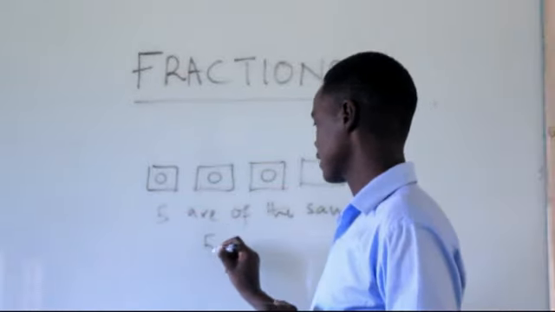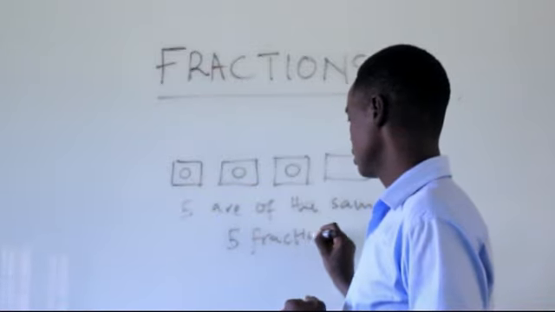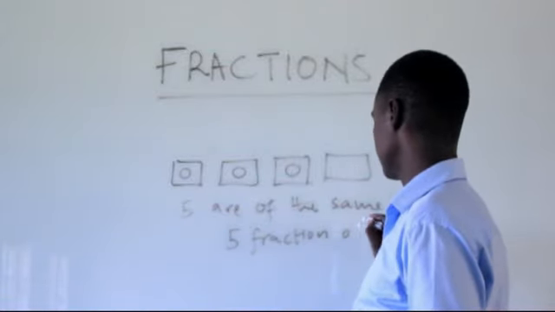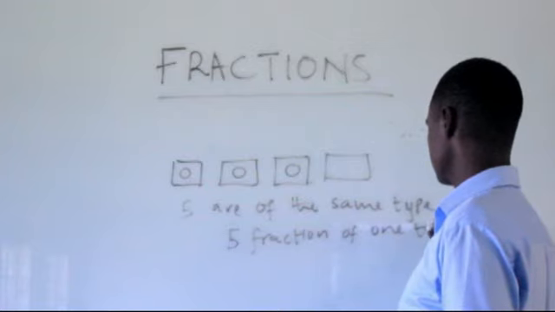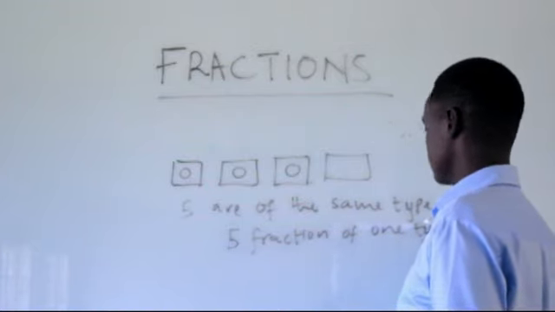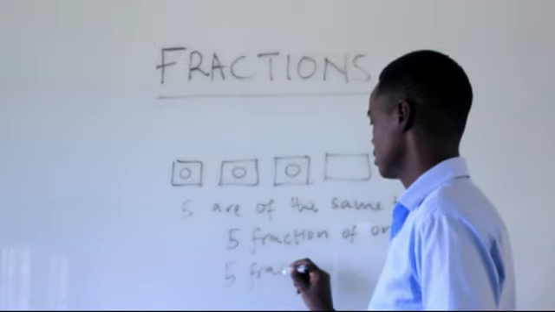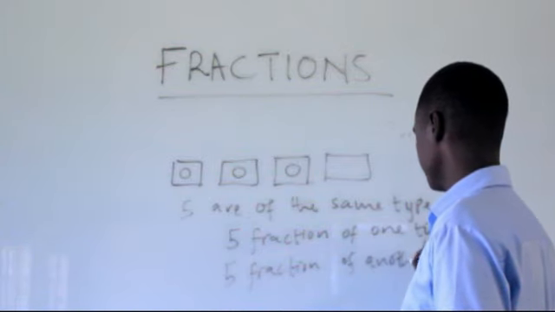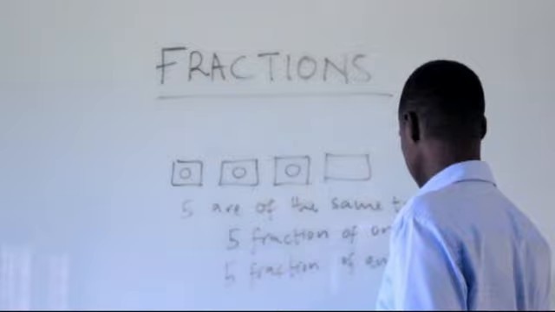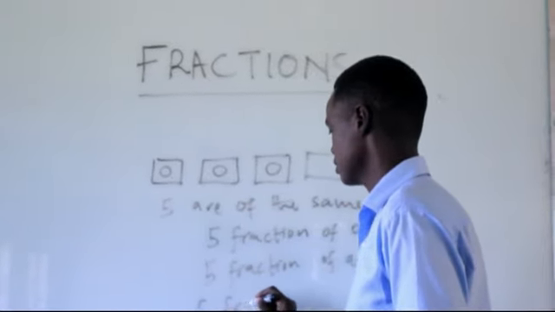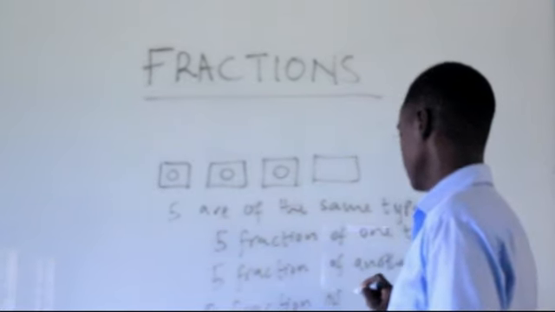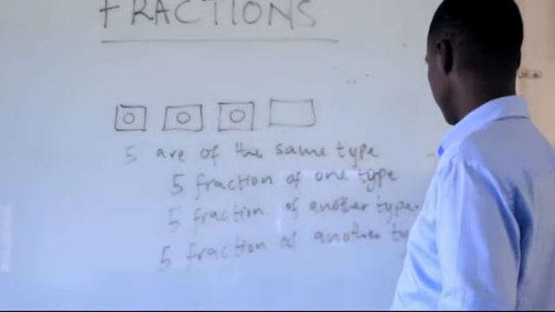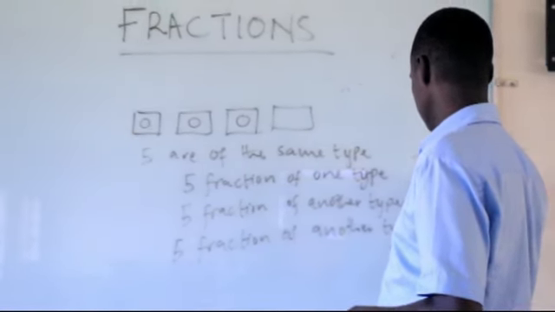So you write 5 fractions of one type, another 5 fractions of another type, then another 5 fractions of another type. This gives us a total of 15 fractions.